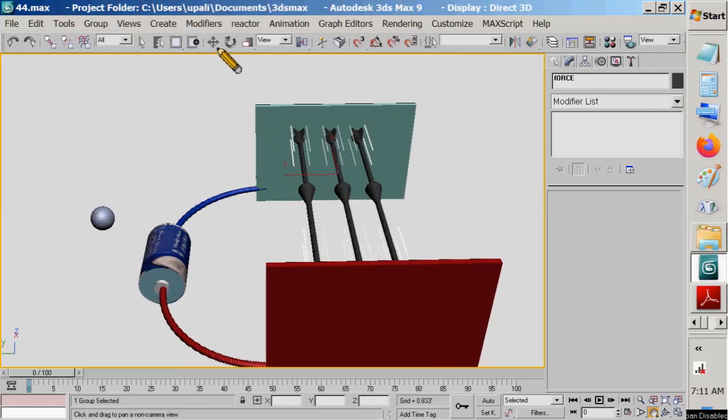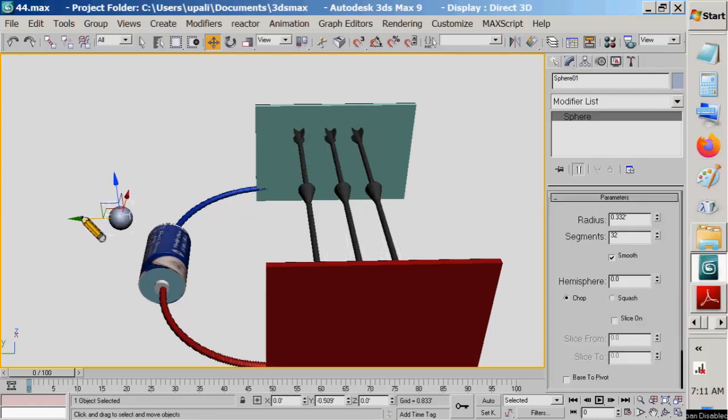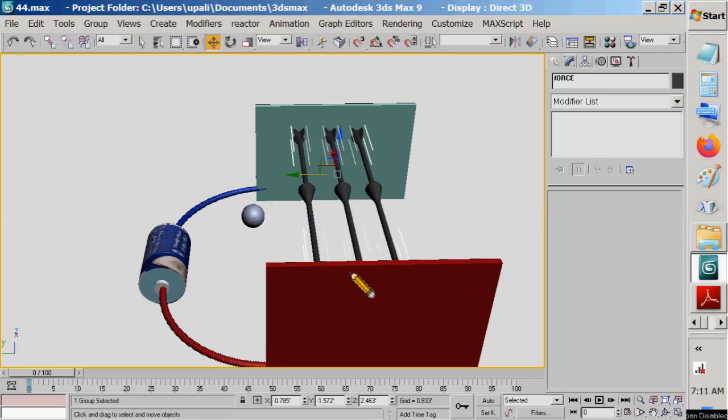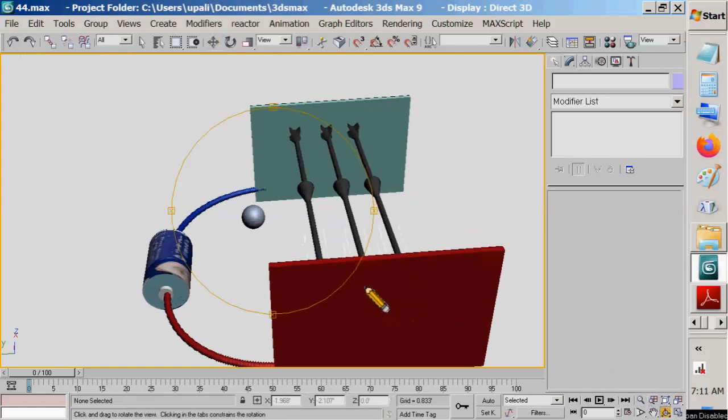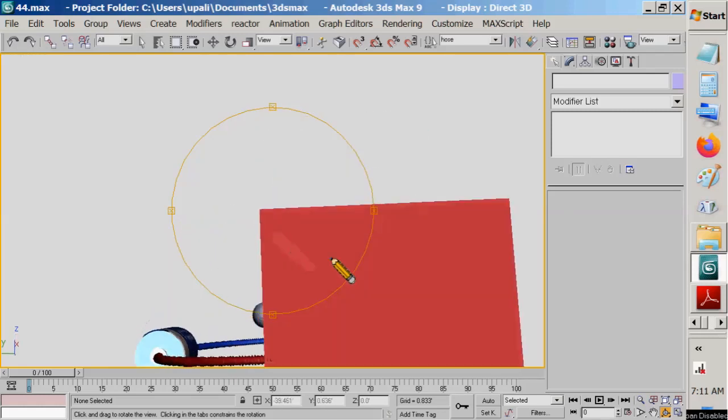So you know, the electron moves against the flux lines, against the direction of electric flux. So that is why I have turned these arrows out of the paper. The paper is this red color plate.